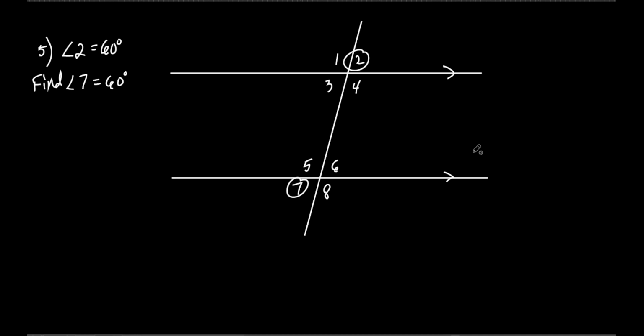If you have an acute angle and an obtuse angle, they add up to 180. Exactly right. Give me a good geometry word that we used. Supplementary, okay? So anytime you have an acute angle and an obtuse angle, they're always supplementary. Anytime you have two acute angles, they're equal. Anytime you have two obtuse angles, they're equal.